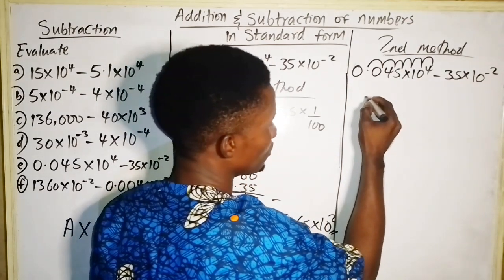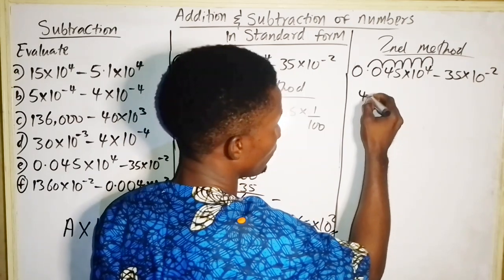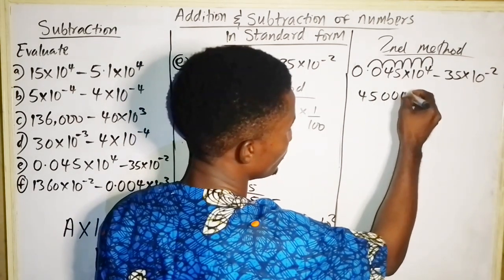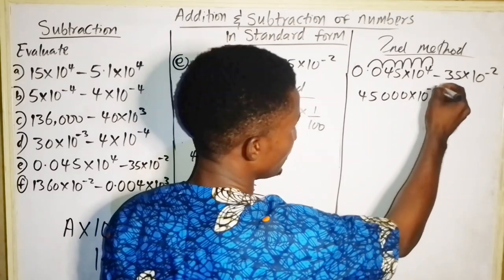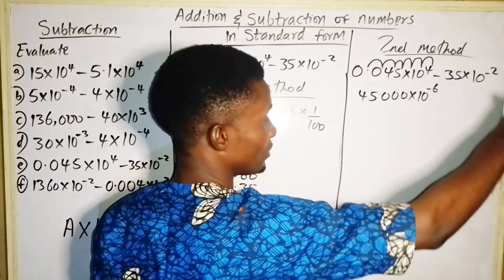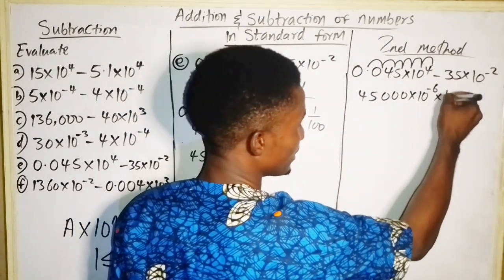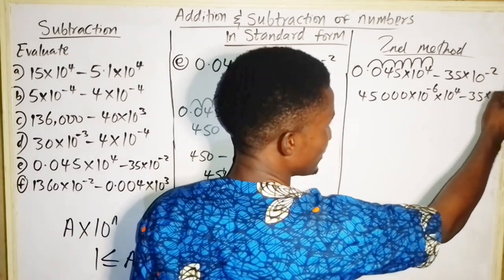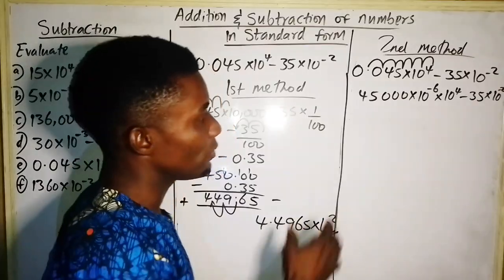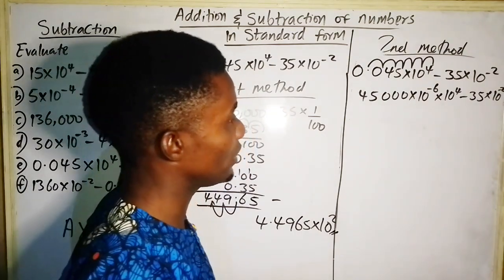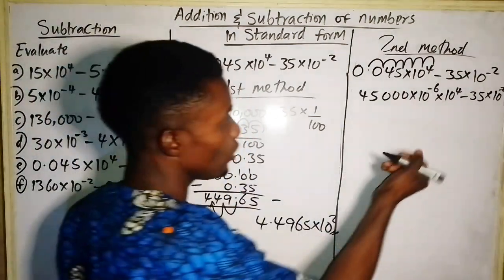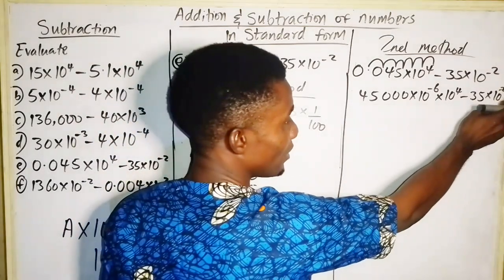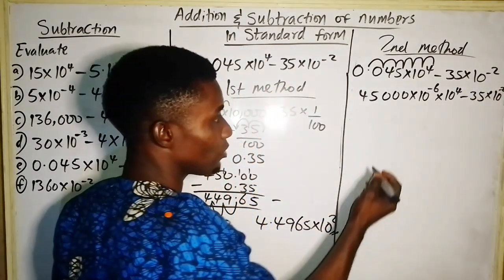So our number is going to be 45000 times 10 raised to the power minus 6, because we are moving our decimal point to the right, times 10 raised to the power 4 minus 35 times 10 raised to the power minus 2. So now we have adjusted our number to have an exponent of minus 6. So we need to apply our indices rule here so that we can have the same exponent as the second number given to us.